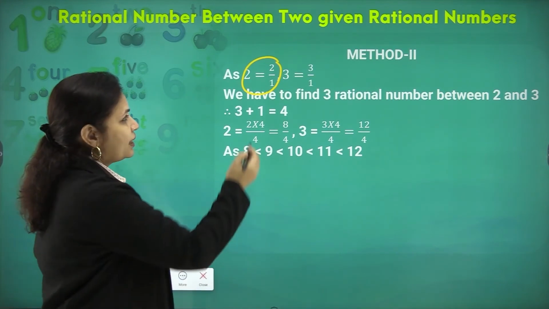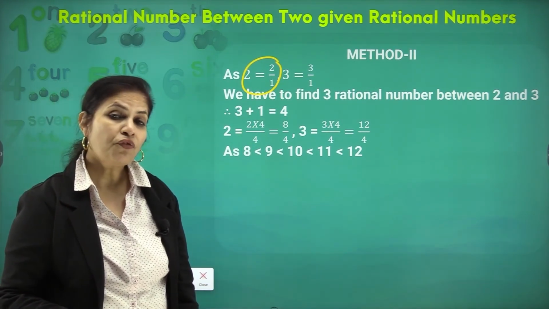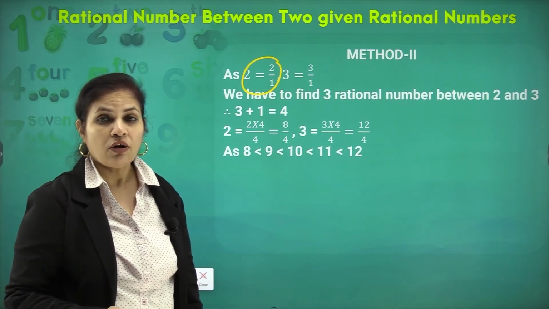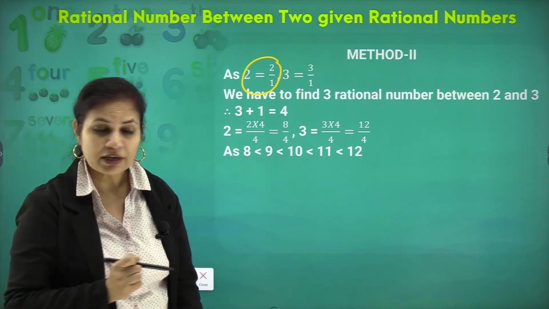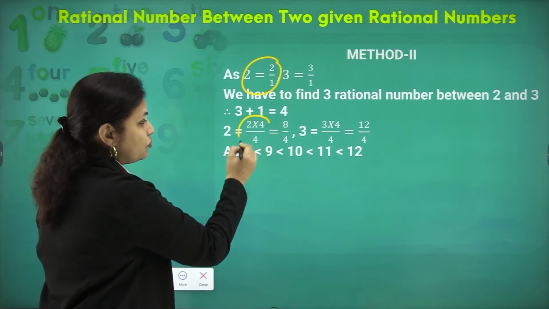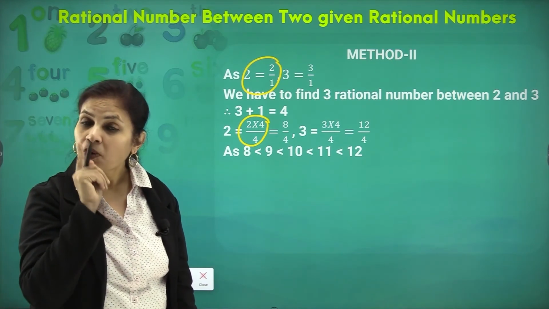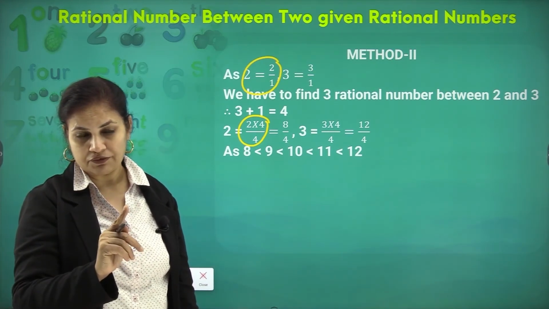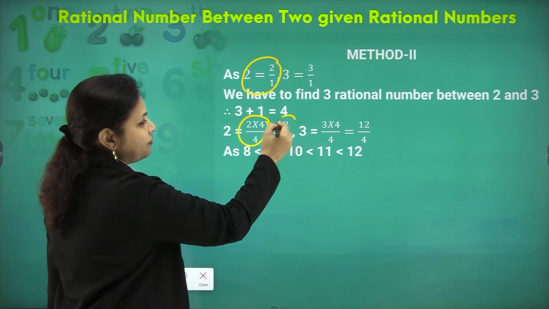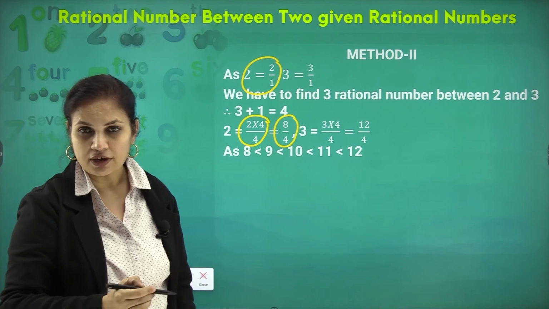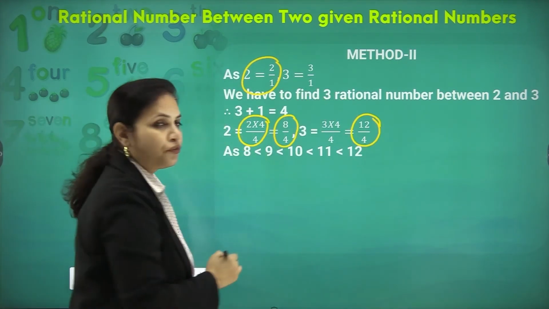Now, if I have to convert the denominator of 2 to 4 using the law of equivalence of fractions, I have to multiply the numerator and denominator of 2 by 4. To make the denominator 4, I cannot simply multiply the denominator by 4, I have to multiply the numerator also with 4, and it will give us 8 upon 4. Similarly, 3 can be written as 12 upon 4.